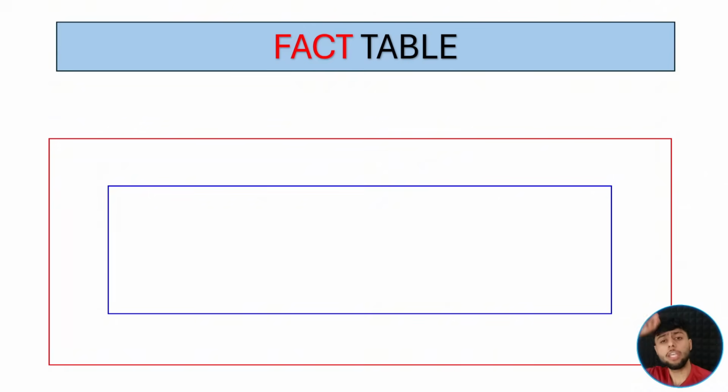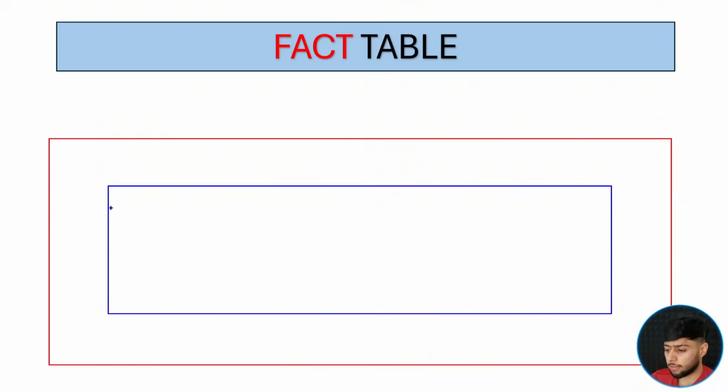Fact table is the only table which is available at the most granular level. Let me repeat. Fact table is the only table which is available at the most granular level, because we do not perform aggregations on the fact table. So this is available at the most real granularity of the data.